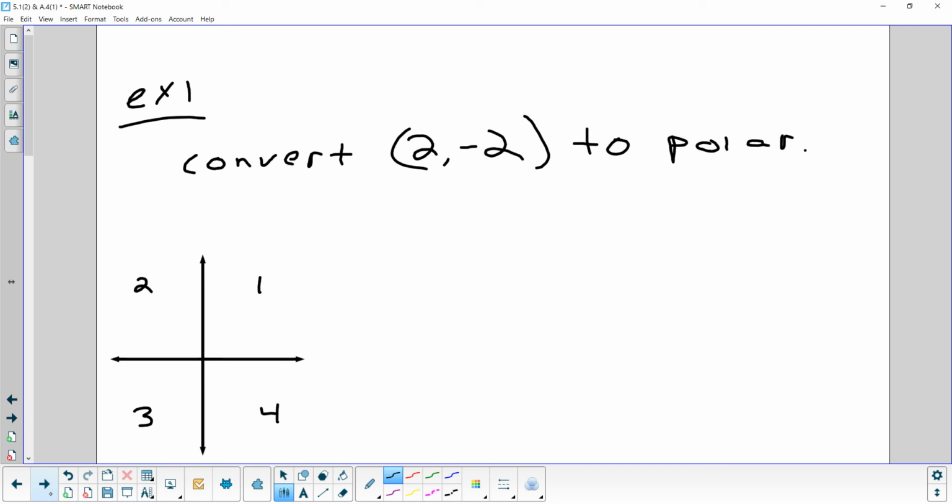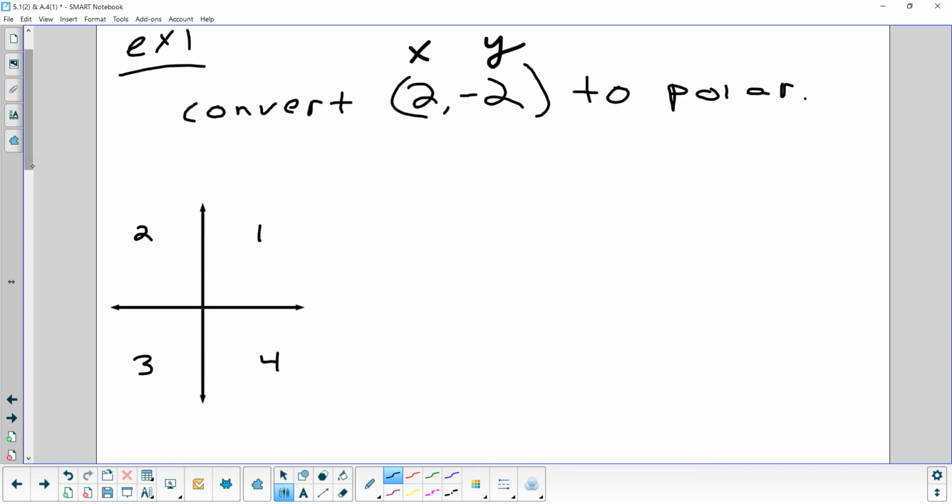We know that it's rectangular because it says convert to polar. So it's not polar. They want us to make it polar. So there's my x, there's my y. Okay, Ben, what quadrant is that point going to be in?